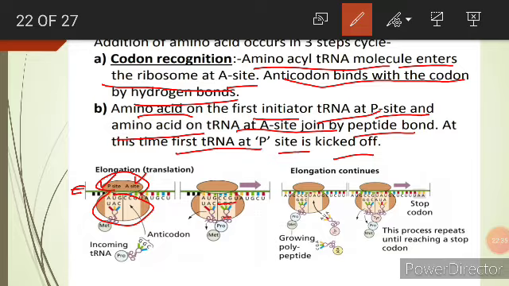We can see here one amino acid, methionine, is reacting with proline.